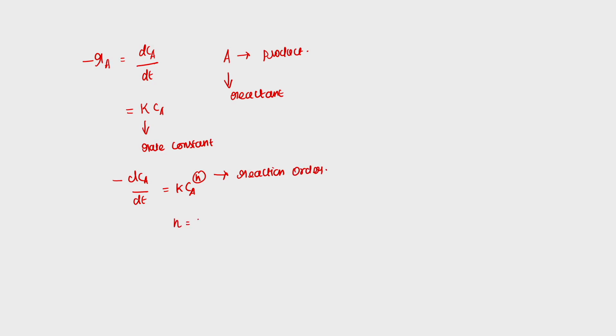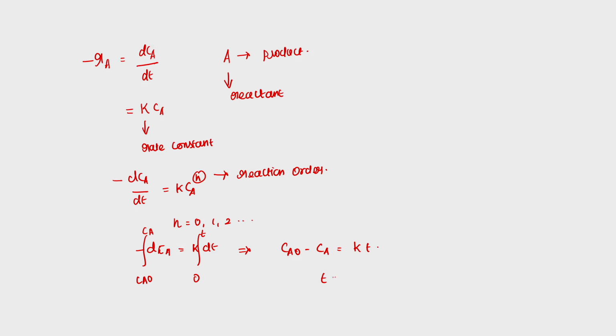So, we already said this can be a 0th order, 1st order, 2nd order and so on. If it is a 0th order, what we have is minus dCA equal to k Ca power 0, which is 1, times dt. If we integrate from initial concentration Ca naught to final concentration Ca, and 0 to t, we end up with Ca naught minus Ca equal to k into t.